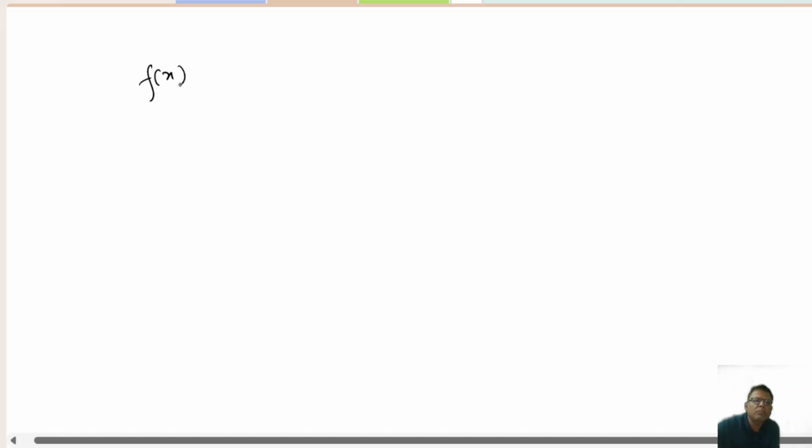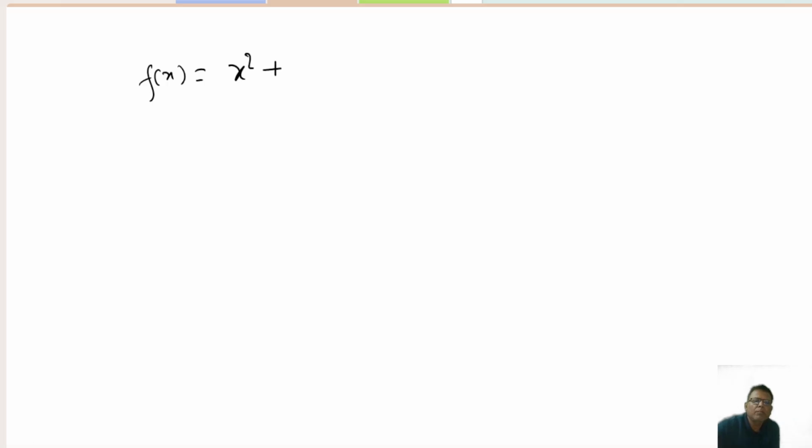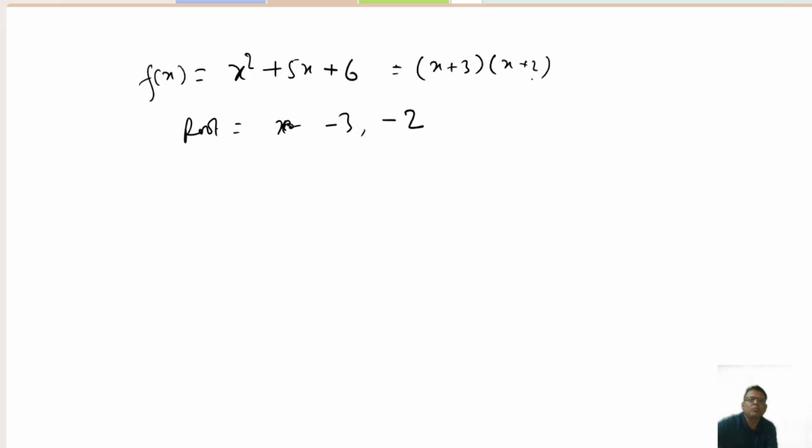f(x) is equal to x square plus 5x plus 6. Then the roots will be, because this can be factorized as (x plus 3)(x plus 2), minus 3 and minus 2.